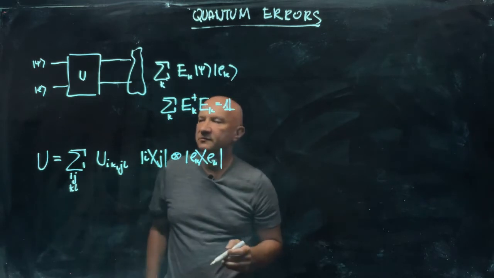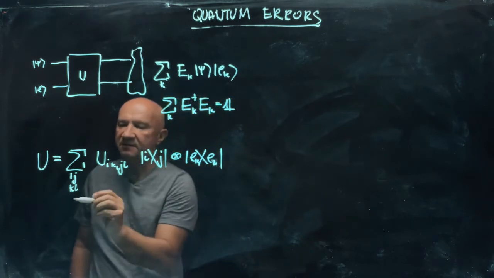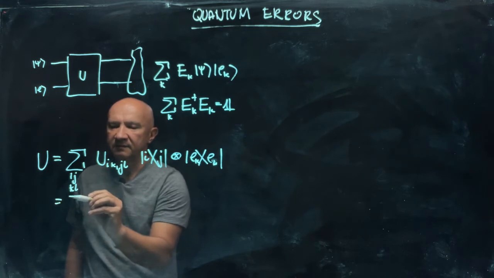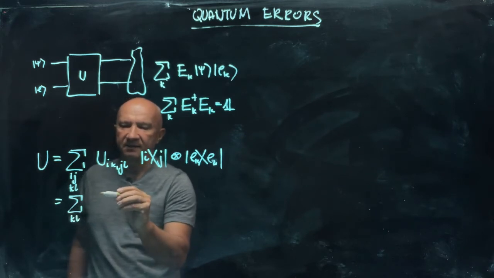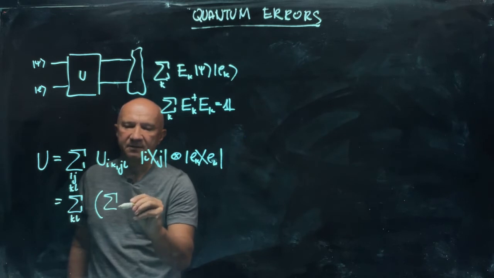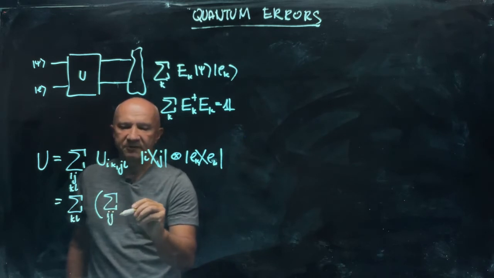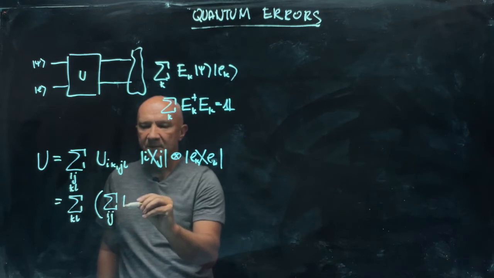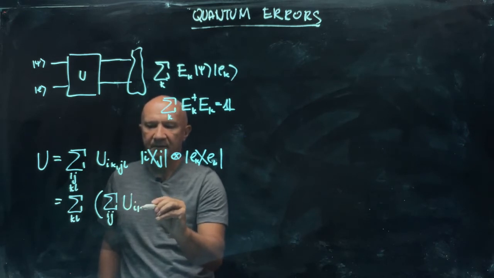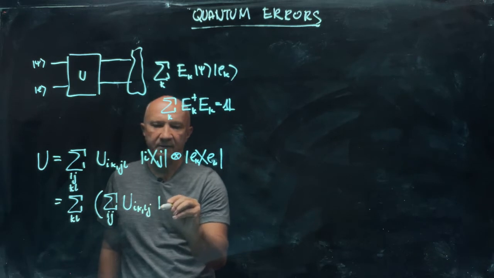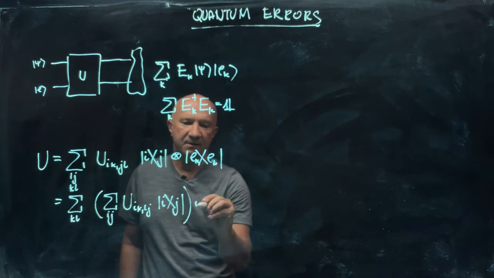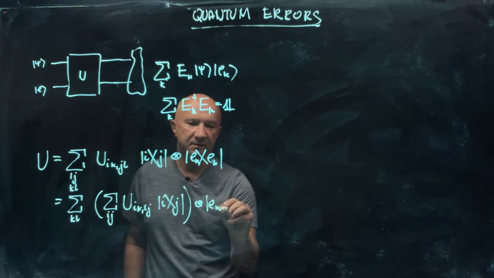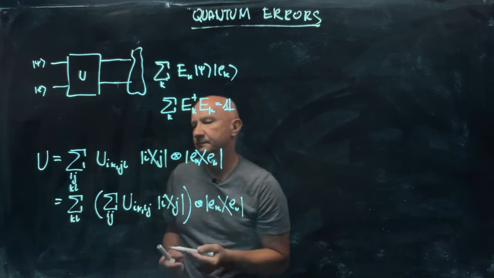So I can always write any unitary in this form, and then I can also rearrange this summation and write this as a sum over k and l here, and let me just sum over i and j separately here. So I have U_{ik,jl}, |i><j|, and then tensor |e_k><e_l|.